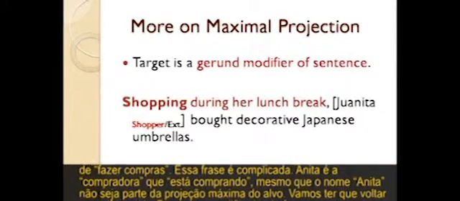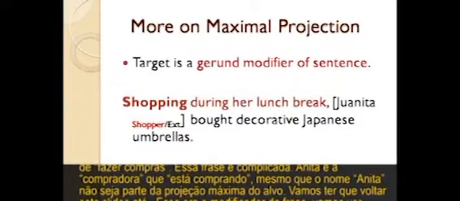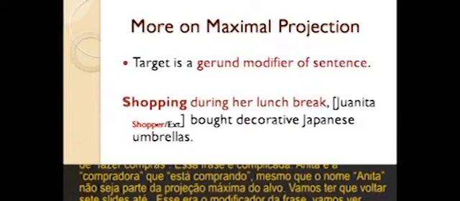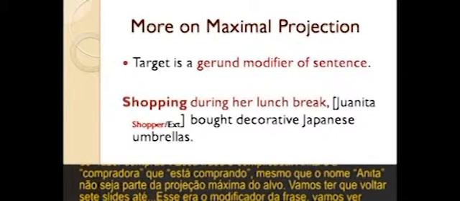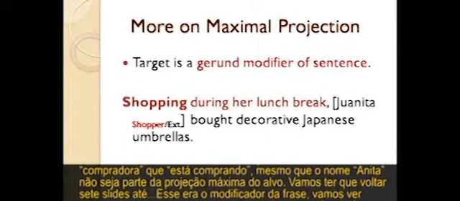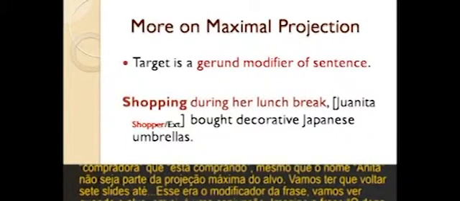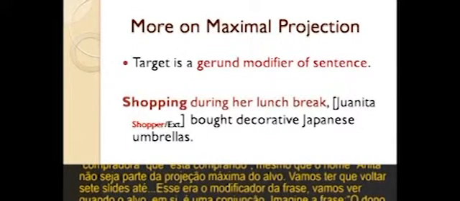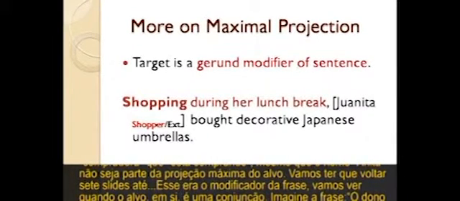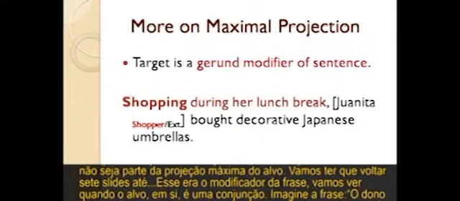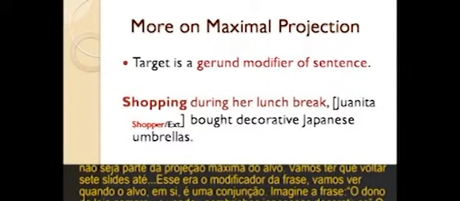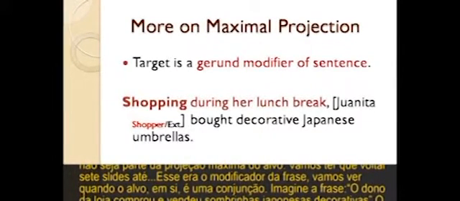That was a complicated sentence. Okay, so Juanita is the shopper doing the shopping, even though the noun Juanita is not part of the maximal projection of the target. Okay, so we're going to have to go back several slides to look at, so that was the sentence modifier example.